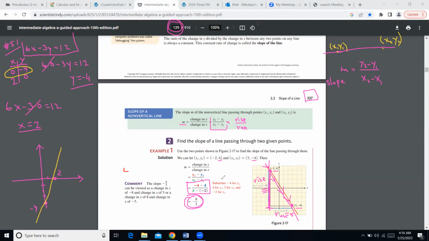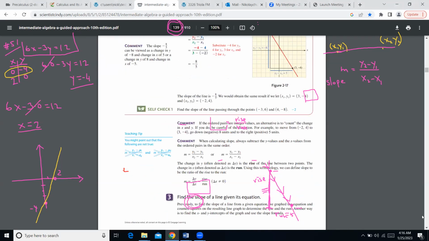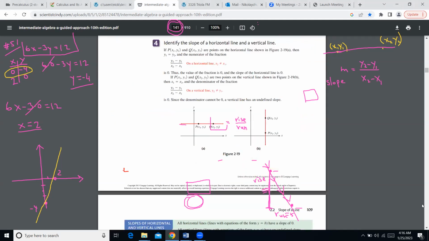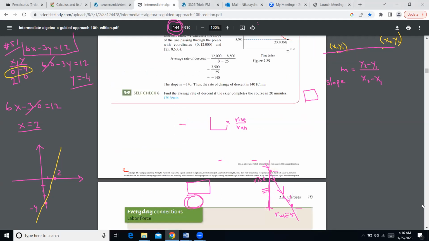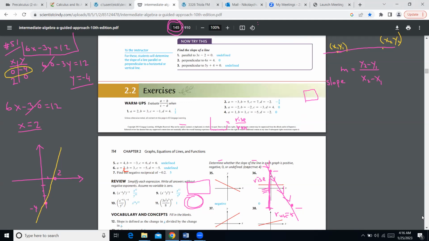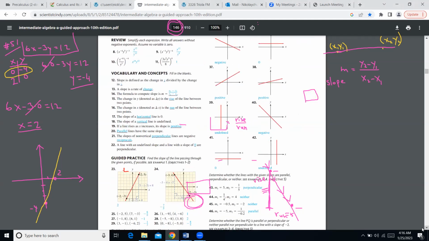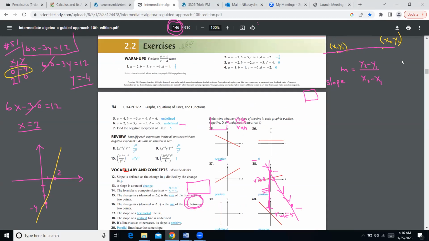Whenever we're discussing a line, the word slope is always around. And that's why I guess we should feel comfortable finding the slope. So I will go to the end of the section and try to do a couple of problems that say, find slope. If you remember, at the end of the section, you don't want to worry for homework about such groups of problems as warm-ups or review exercises or vocabulary problems.